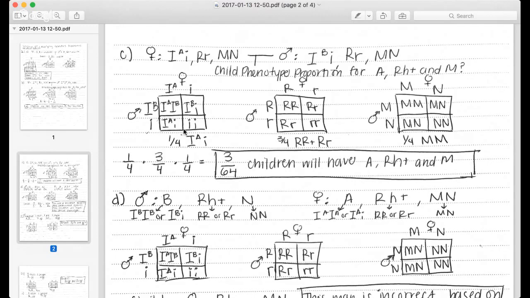The child we're looking for has to be type A. There's only one option for type A here, so that's 1/4 IA i. Same thing here, we know the types for the parents, and we are looking for Rh positive. The only ones that are Rh positive are these three, so that's 3/4. And then the child needs to be M, so that is just 1/4 here. So 1/4 times 3/4 times 1/4 is 3 out of 64 children.